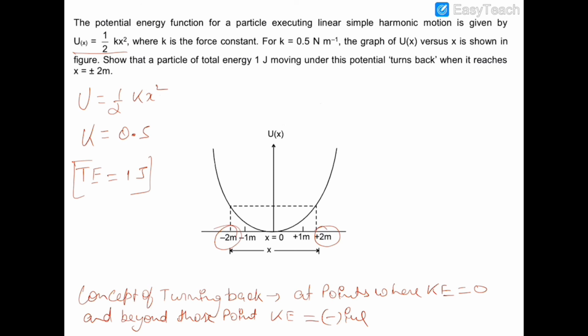So we need to find out those points where the kinetic energy of the particle is 0 and beyond those points the kinetic energy of the particle is negative. So from those points the particle cannot go further, and hence it has to turn back from those points.